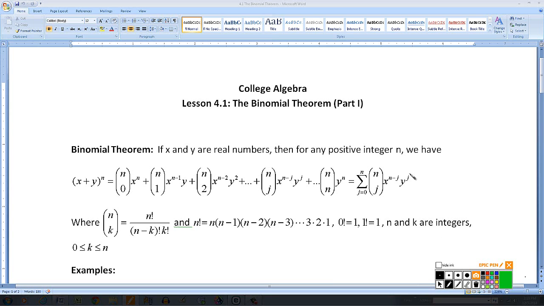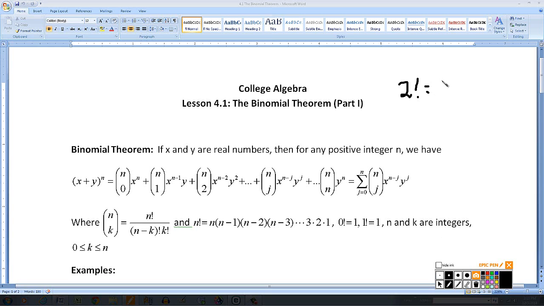Let's look at a few examples. 2 factorial would be 1 times 2 or 2 times 1.